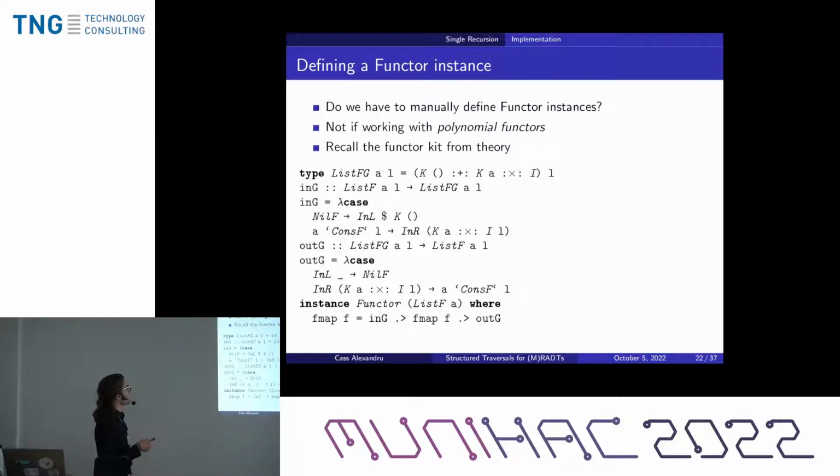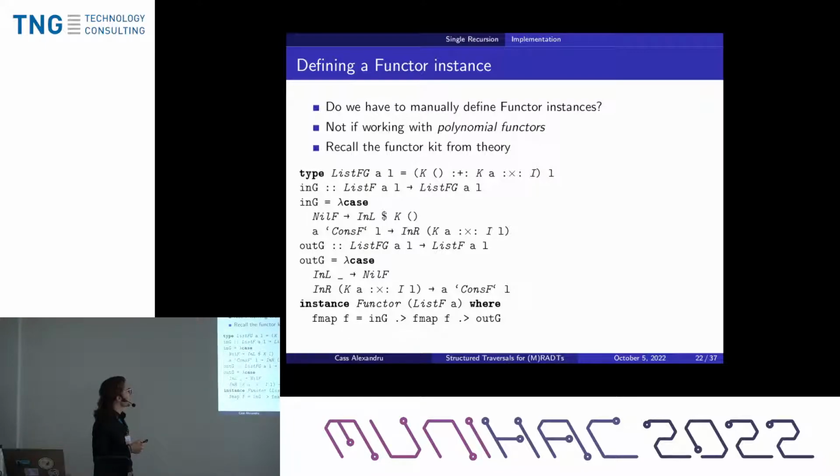but in order to get a functor instance for the things that we factored out, we need to write a functor instance. But we don't really want to write this ourselves. If you remember earlier, I said that you can construct functors from building blocks.